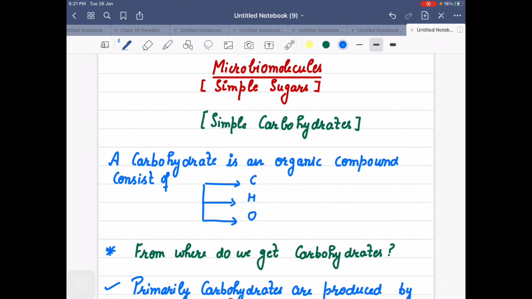Yes, we were revising our chapter biomolecules, and we have revised enzymes, proteins, amino acids. So here today I'm going to discuss a few simple tricks for the carbohydrates. I'm going to teach you about the glycosidic bonds.